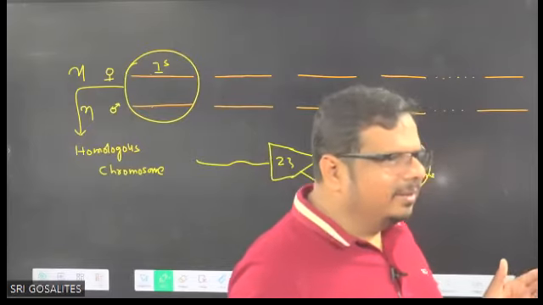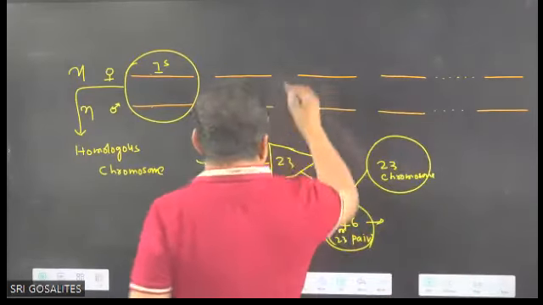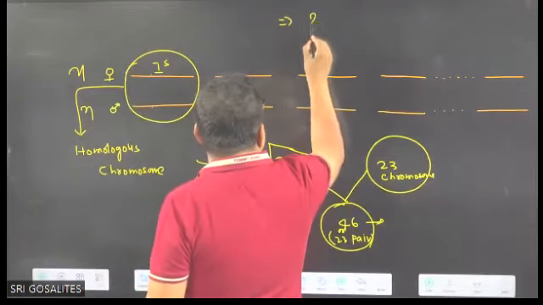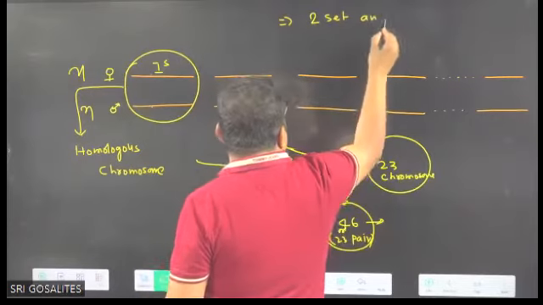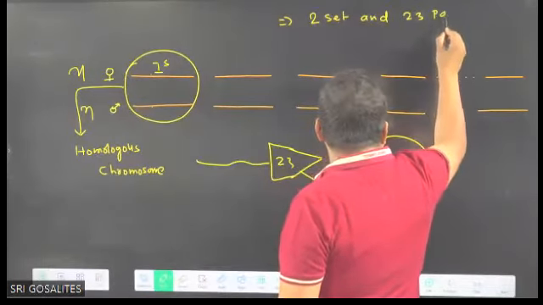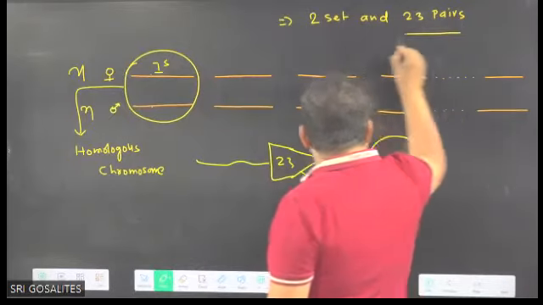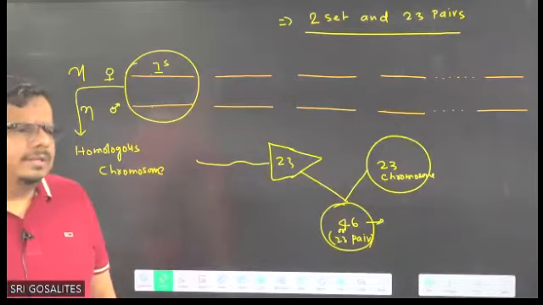You are getting the idea or not? So in a human being, each and every cell has how many sets of chromosomes? 2 sets and how many pairs? 23 pairs. You got the idea? 2 sets and 23 pairs of chromosomes are there.